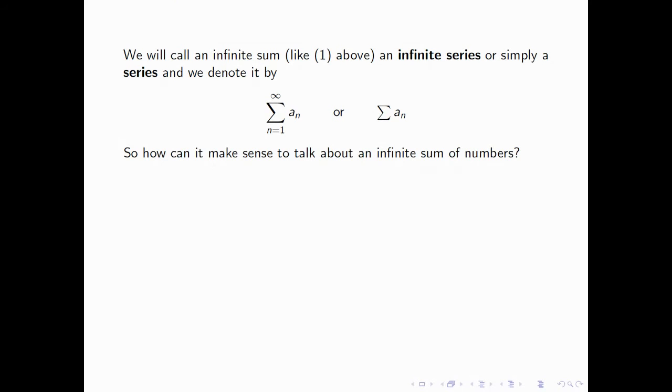We have the sum symbol, where the lower and upper bounds are indicated, n equals 1 to infinity of a_n. In many cases we will ignore that and not explicitly say it's an infinite sum. You will understand that it's an infinite sum of numbers.